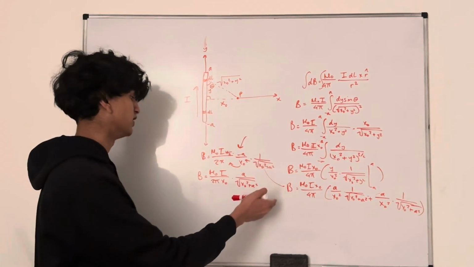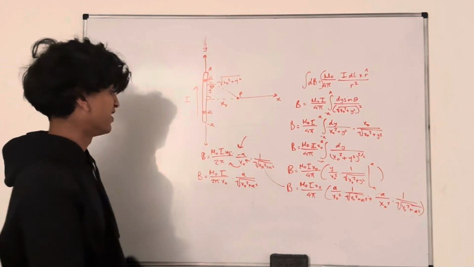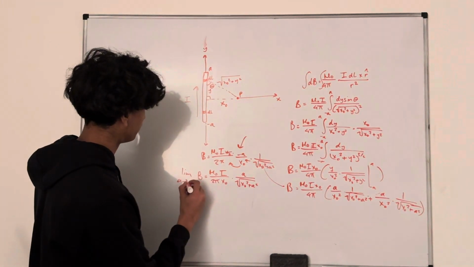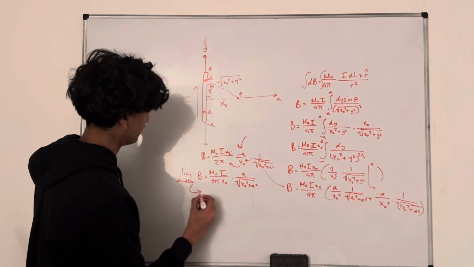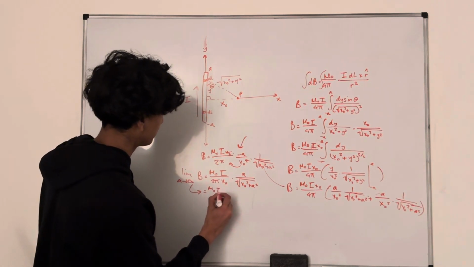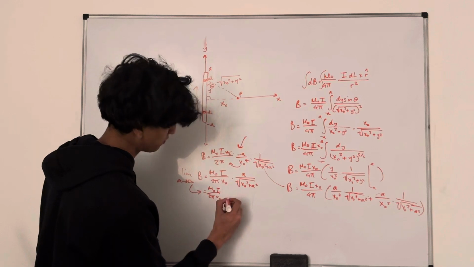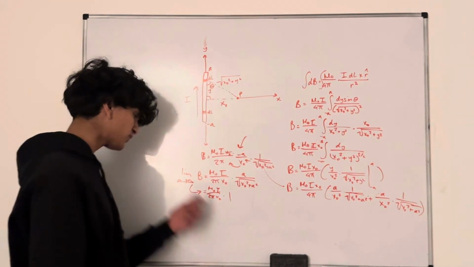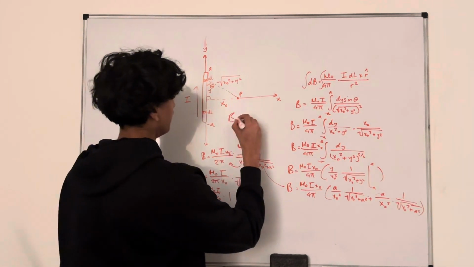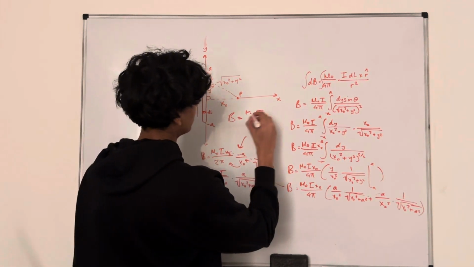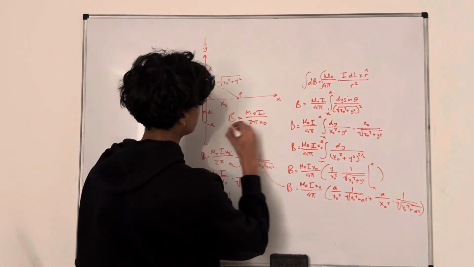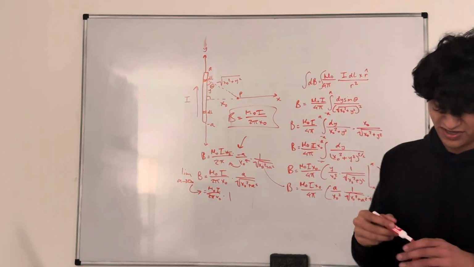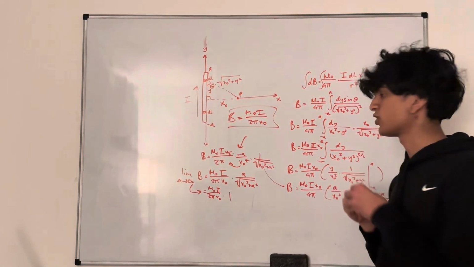Take the limit as a approaches infinity, it really boils down to mu naught I over 2 pi x initial times the limit, which evaluates to 1. So there you go. B is equal to mu naught I over 2 pi x initial. That's where the equation comes from. Just take an integral, use Biot-Savart law, take a limit.